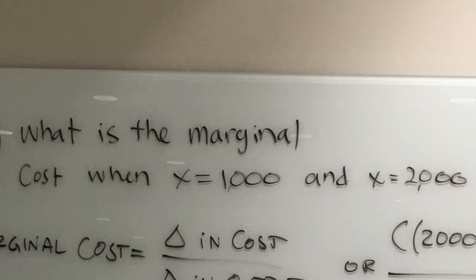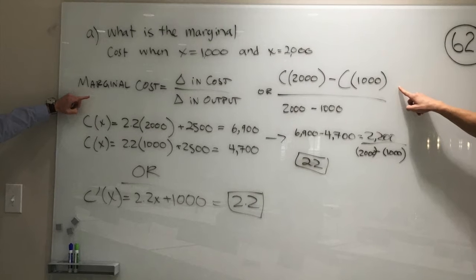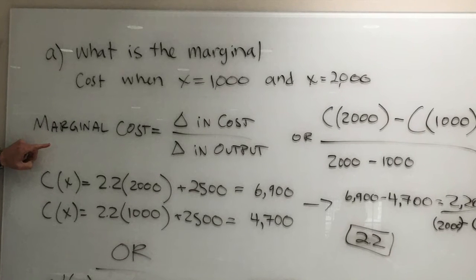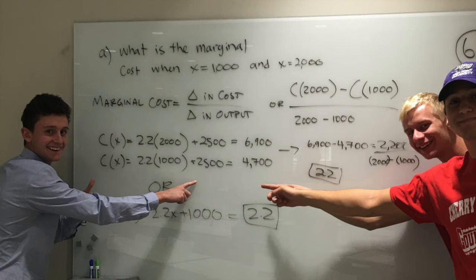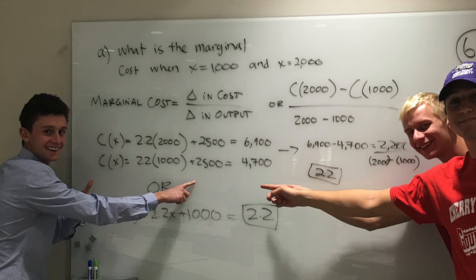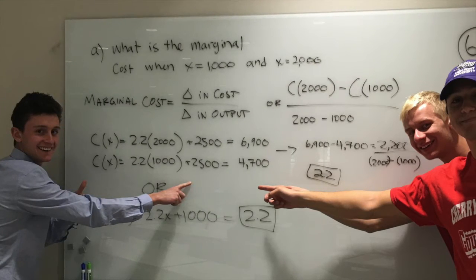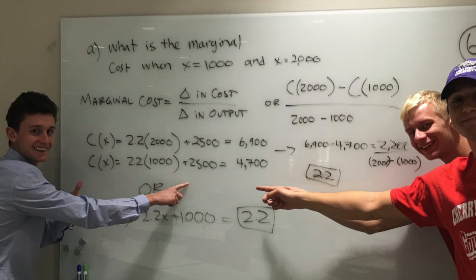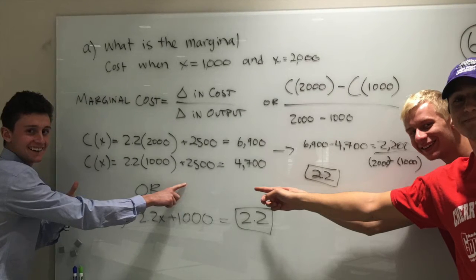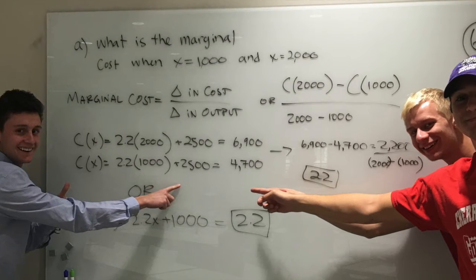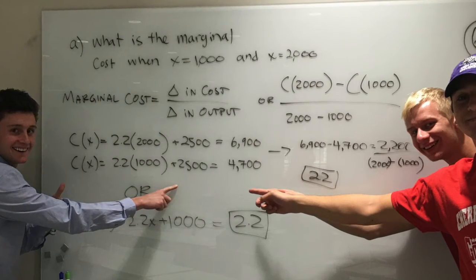So we look at the question again. What is the marginal cost when x equals 1,000 and x equals 2,000? So first what we did is we found the marginal cost function, which is the change in cost over the change in the output. So when we plugged in 2,000 to the original function, then we got 6,900. And when we plugged in 1,000, then we got 4,700. So when we put that on the numerator, divided by the change in the output, or the difference in the two x values, which is 2,000 and 1,000, then we get 1,000.